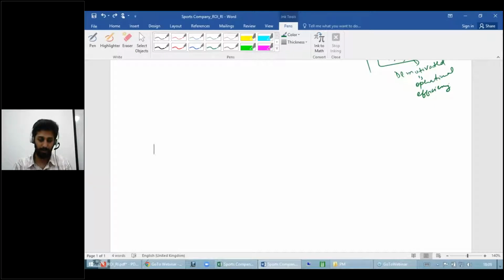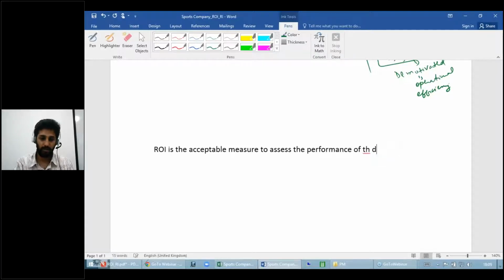I am writing here that ROI is the acceptable measure to assess the performance of the divisions.